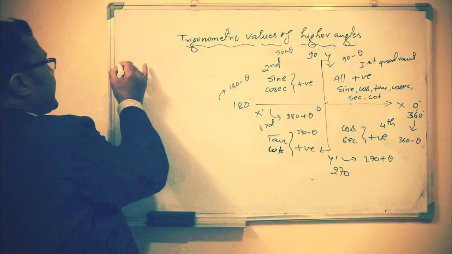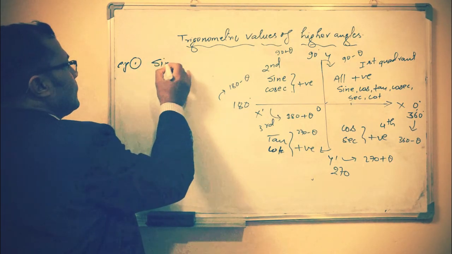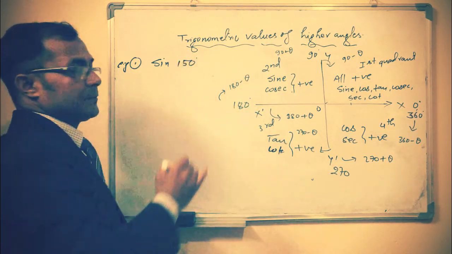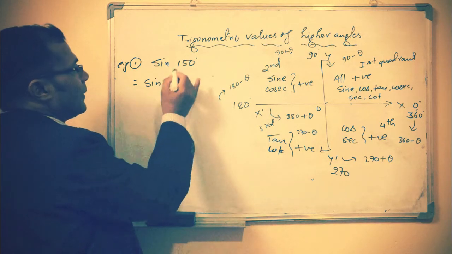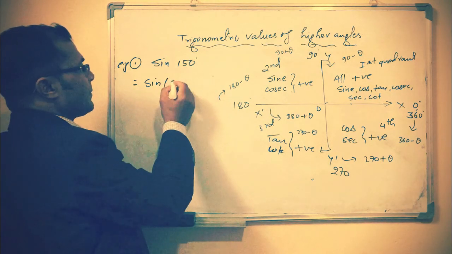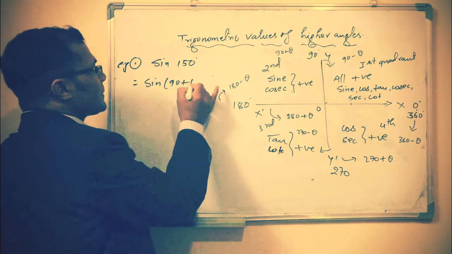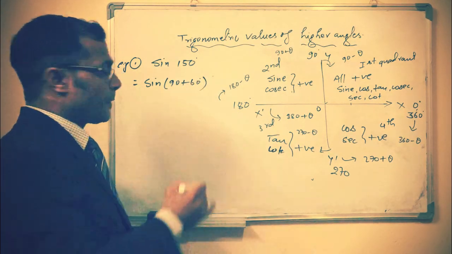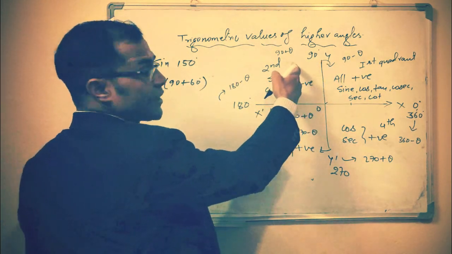Alright, example 1. See here, sine 150 degrees. Very simple. Sine 150 means break it into 90 plus something, or a standard value. 90 plus 60. See carefully. Sine of 90 plus 60 means it's in the second quadrant.